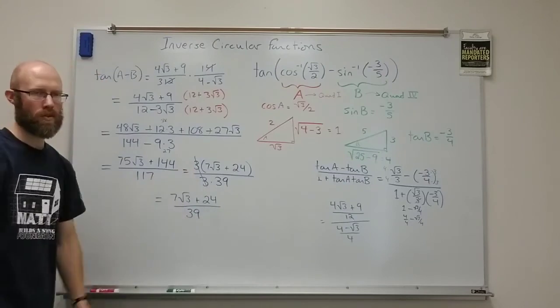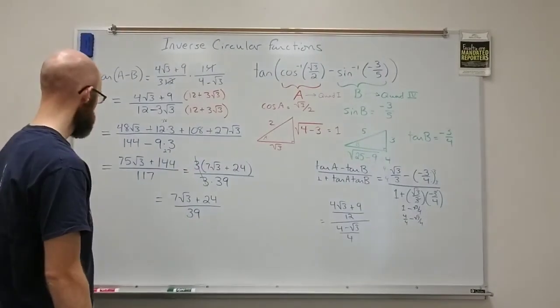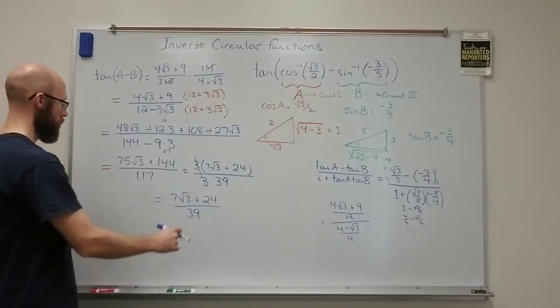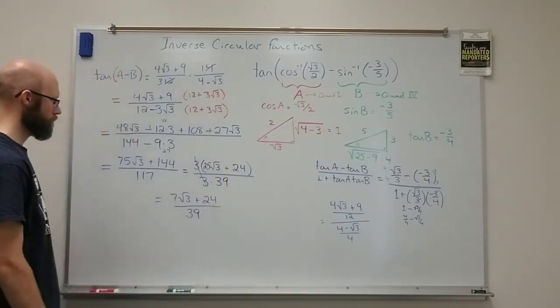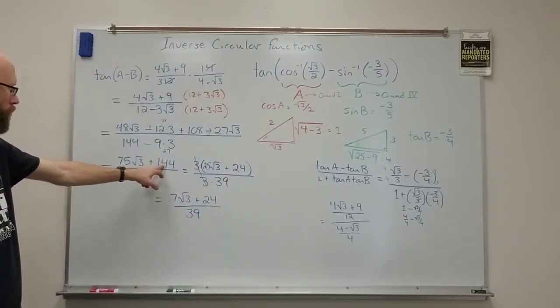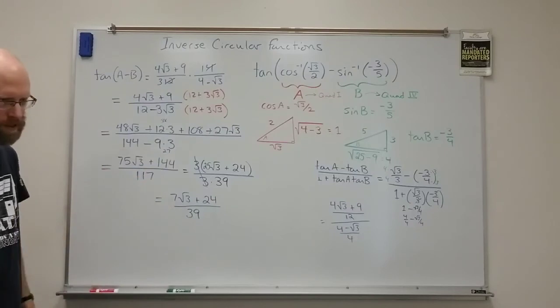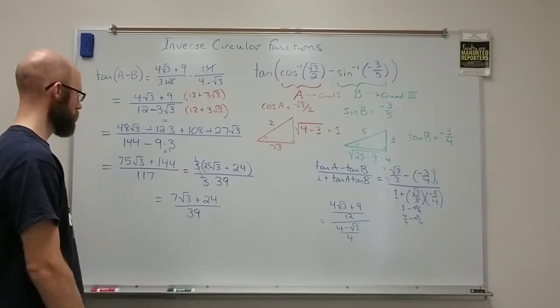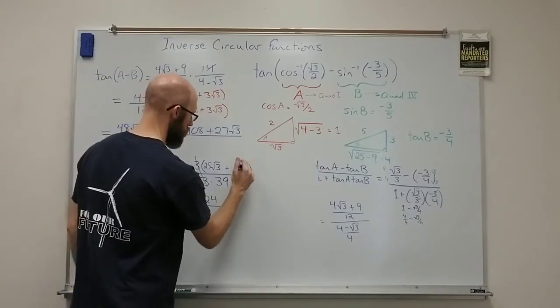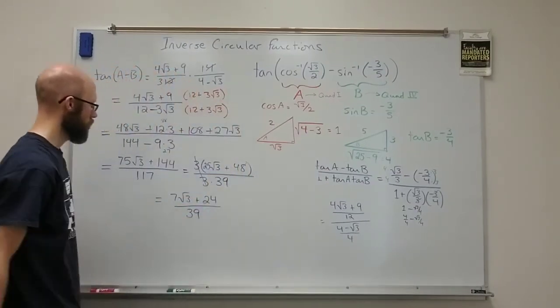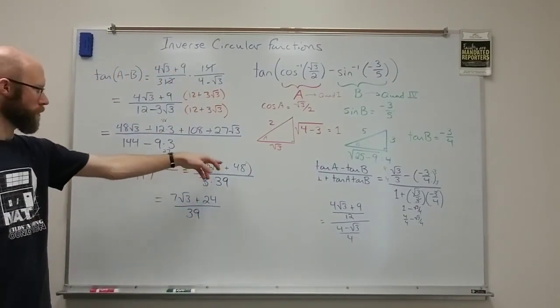Again, you can pull out the 3. There is a common 3 here, but that's going to leave me with 25√3. And pull 3 out of 144 and you get, what is that? It's 12 times 12. So it's 48. Yeah. 144 divided by 3 is 48.